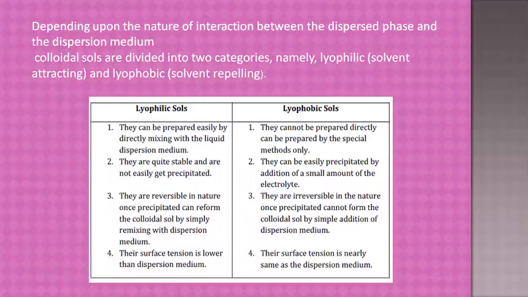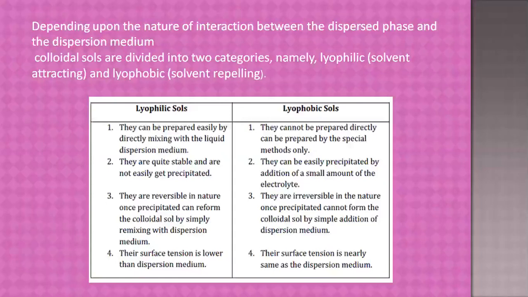Lyophilic sols are reversible in nature. Once precipitated, they can reform the colloidal sol by simply remixing the dispersion medium. Whereas lyophobic sols are irreversible in nature; once precipitated, they cannot form the colloidal sol by simple addition of the dispersion medium.